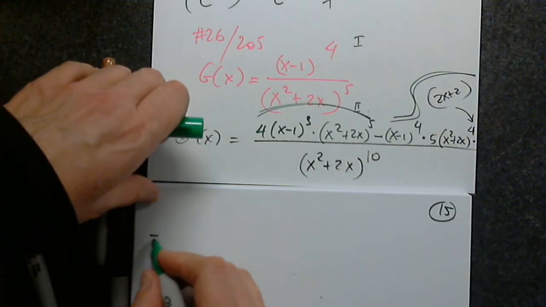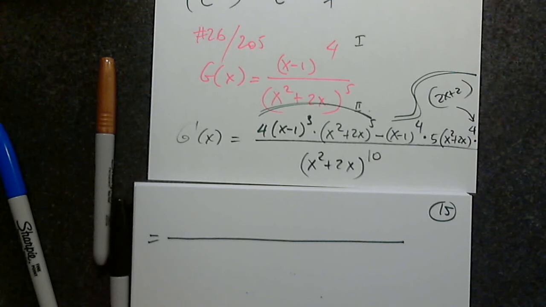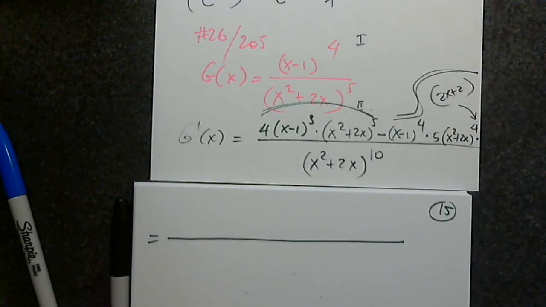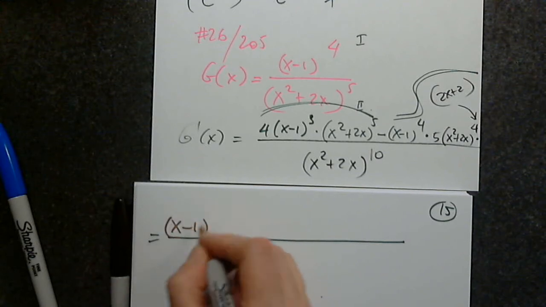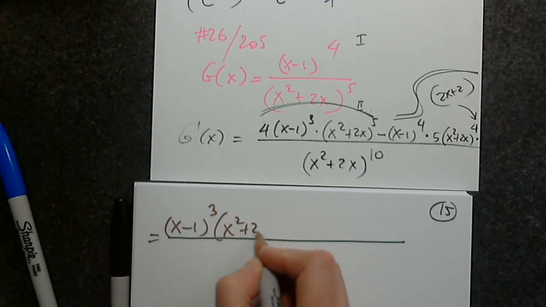So, can anyone tell us what we factor out from the top terms? Yes, which power? Indeed, the smallest of the 2. Great job. What else? x squared plus 2x, 4.